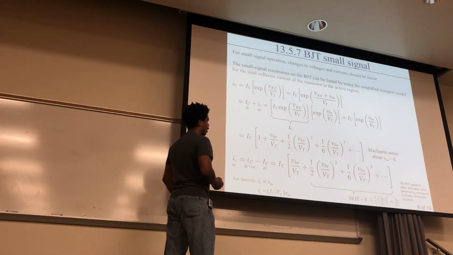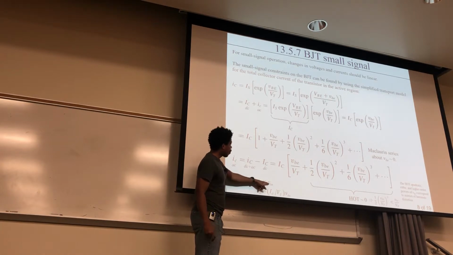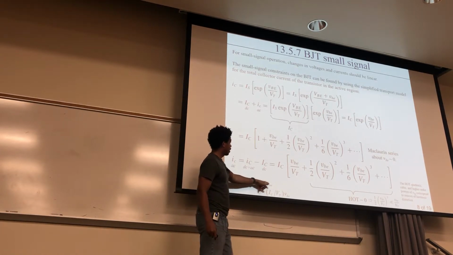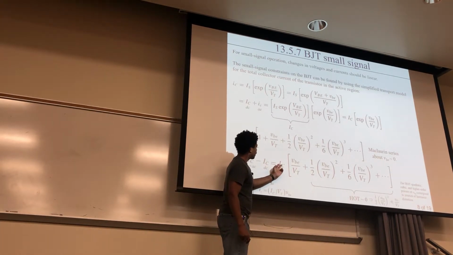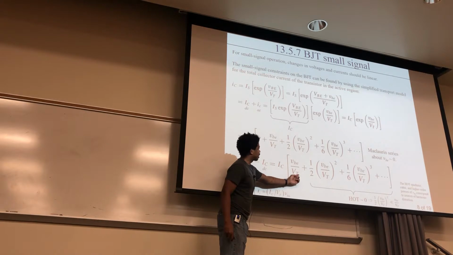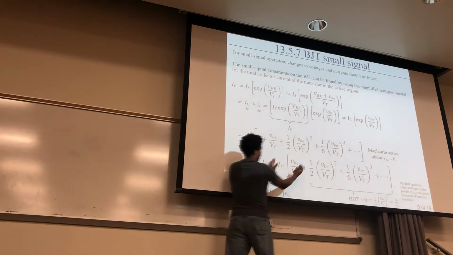And of course, for linearity, you want this to be proportional to VBE, which is this one by itself, which means that IC over VT is the proportionality constant. So this is the equation, that's all you want: this piece and this piece.